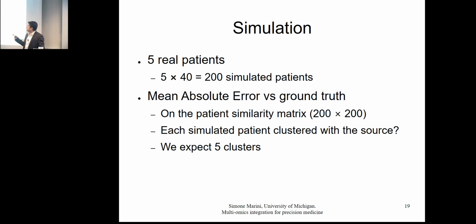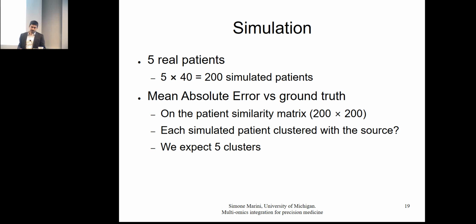So, for example, here I take 5 patients out of the 200 patients, and I use them to simulate 40 patients, pseudo patients, each. So in other words, I create 5 artificial clusters made of 40 patients each. How do I simulate patients?